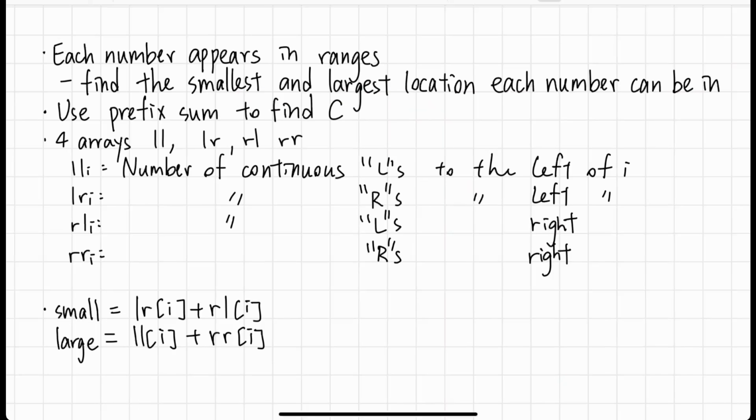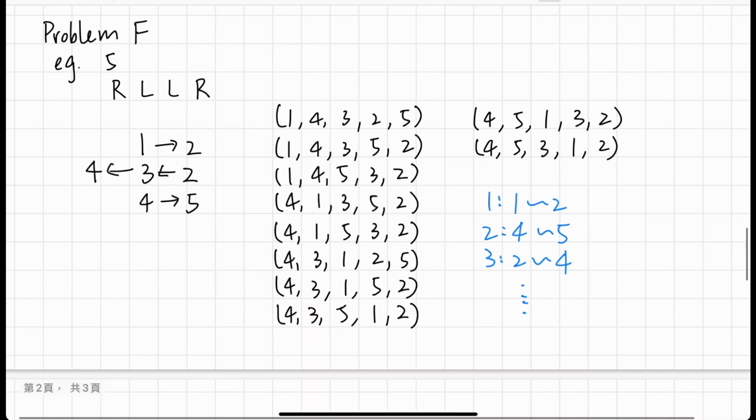So to do this, we can define 4 arrays called LL, LR, RL, and RR, because we find that the position only is based on how many values need to be in front of the current value. So for example, for the number 3, we know that the number 4 needs to be in front of 3.